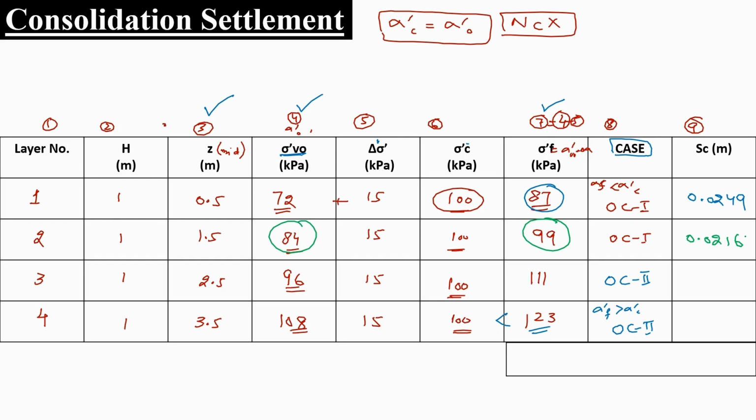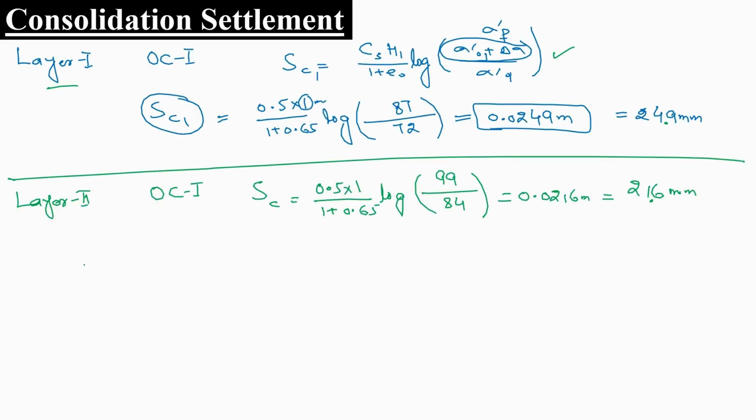Now go for layer 3. This is case OC2, and for layer 4, the sublayer we have is also OC2. So simply we'll write the formula.